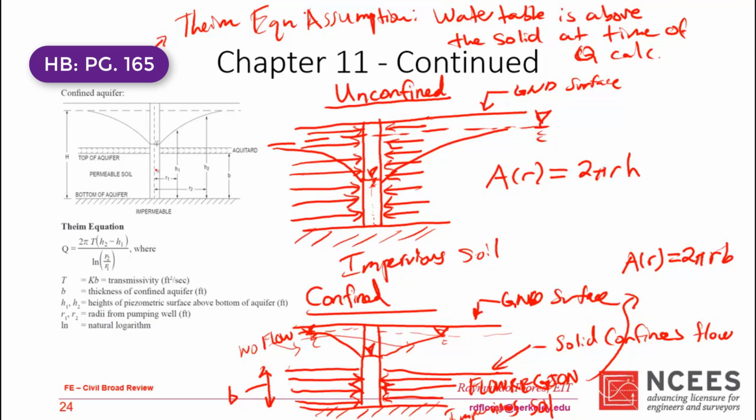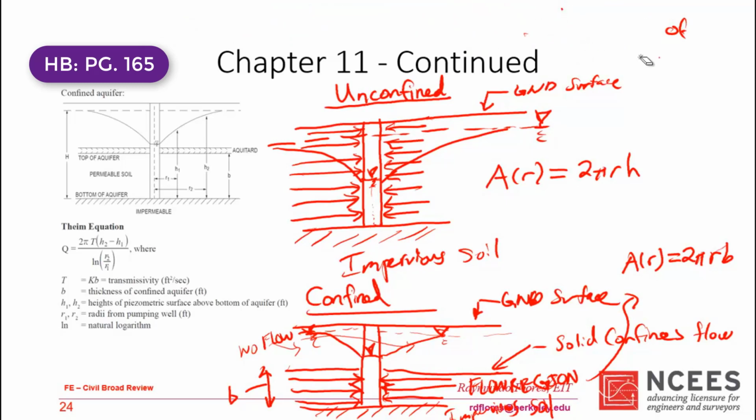Although I think the water table would have to show up here. It would have to show up with the curve if it's above the solid piece. So if it was below the solid piece, you would still have this situation where this thing would occur, right? But you wouldn't have a curve. So I guess the equation would still apply. Let's get rid of this. You don't. There's no assumption involved. Sorry for that.